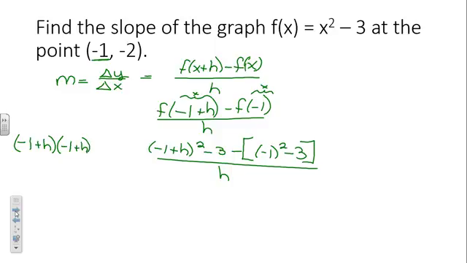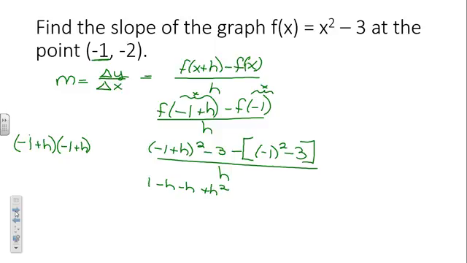Take it times itself, right? Okay, negative 1 times negative 1. Negative 1 times a positive h, h times a negative 1, and h times an h. Everybody with me on that first piece?